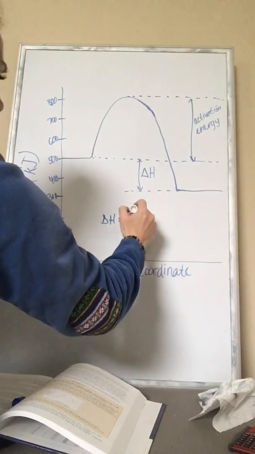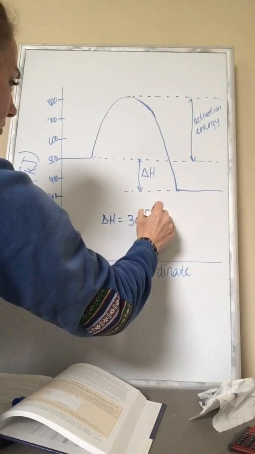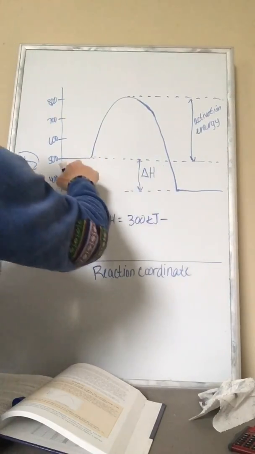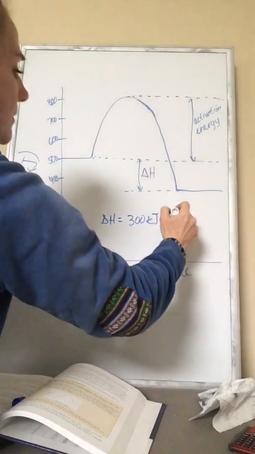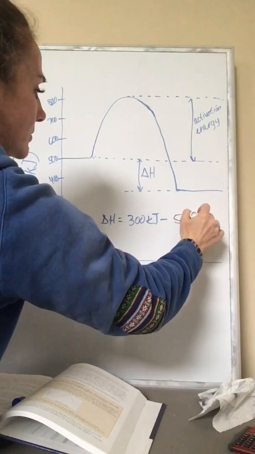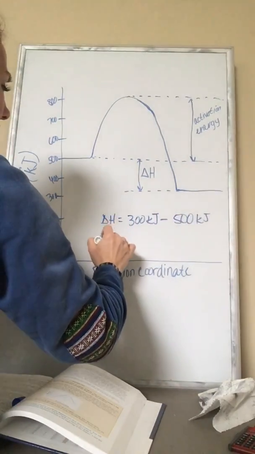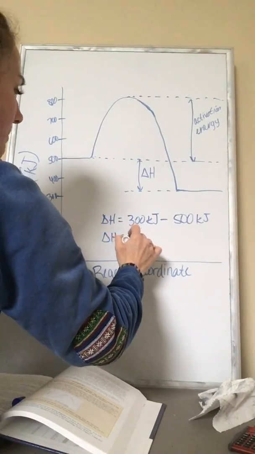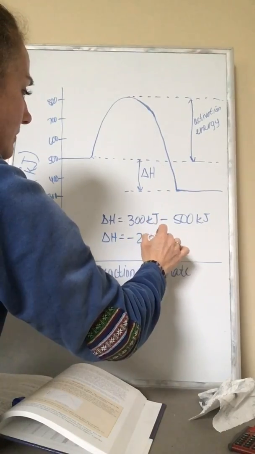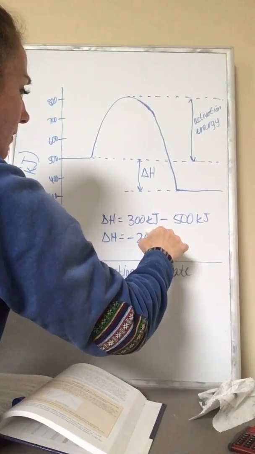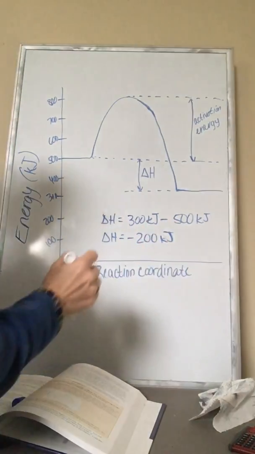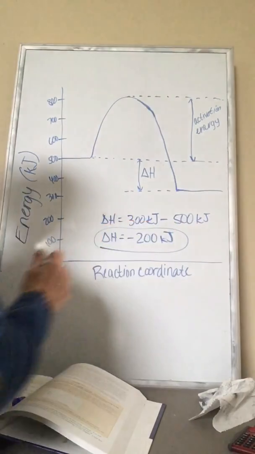So we have 300 kilojoules minus our reactants, which is going to be minus 500 kilojoules. So our delta H for this reaction is going to be minus 200 kilojoules. So that means it's going to be exothermic, right?